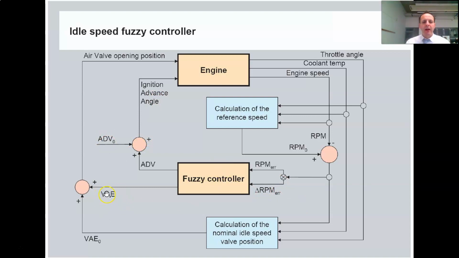We have a reference of the air valve error here, and we have a reference, a nominal value, which is computed by this module, which is devoted to the calculation of the nominal idle speed, which in turn depends on the throttle angle, the temperature of the engine, and the engine speed.